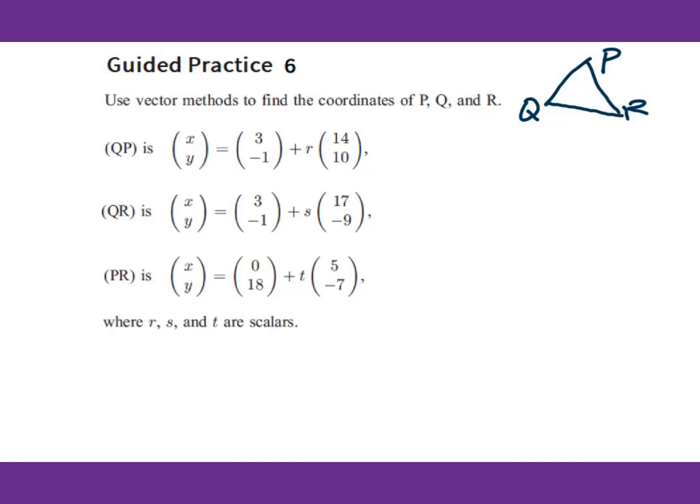Use vector methods to find the coordinates of P, Q, and R. We got the vector equations of lines QP, QR, and PR. We use the vector equations for QP and QR to figure out the coordinates for Q. When you check these vector equations, you can see they both pass through the point 3, -1.